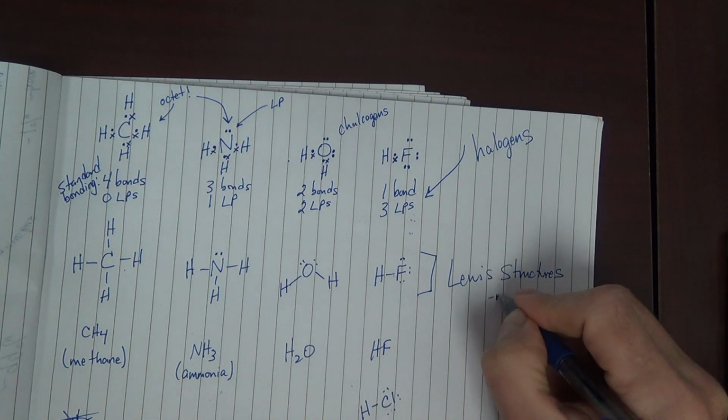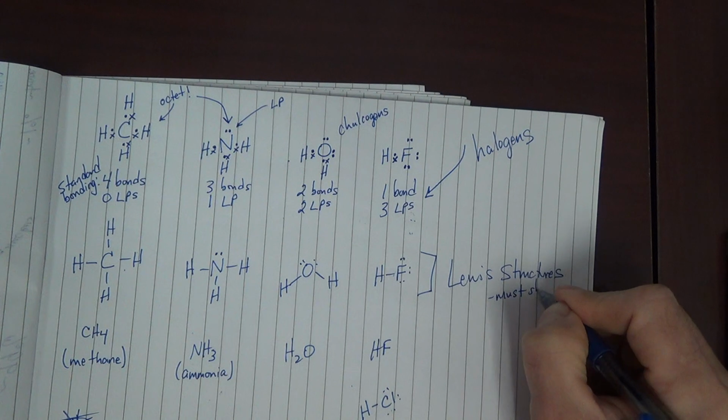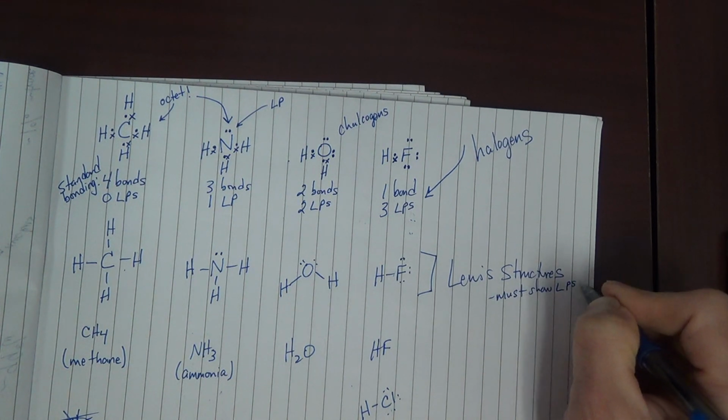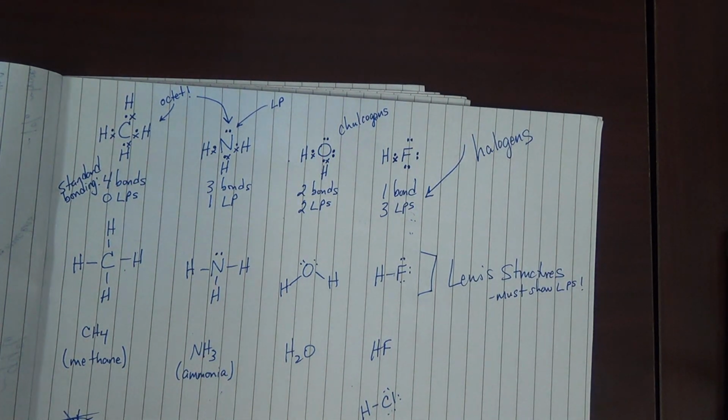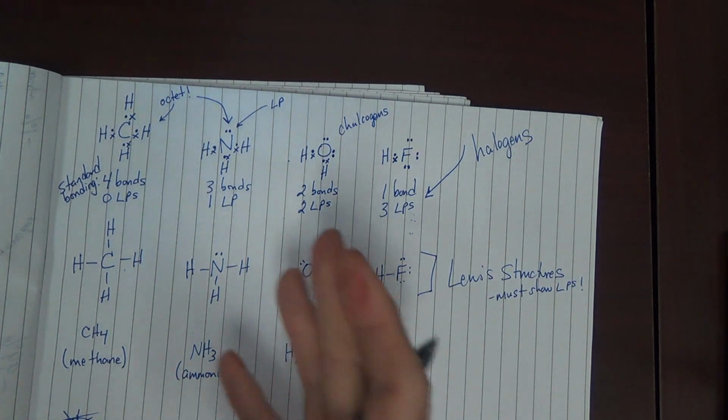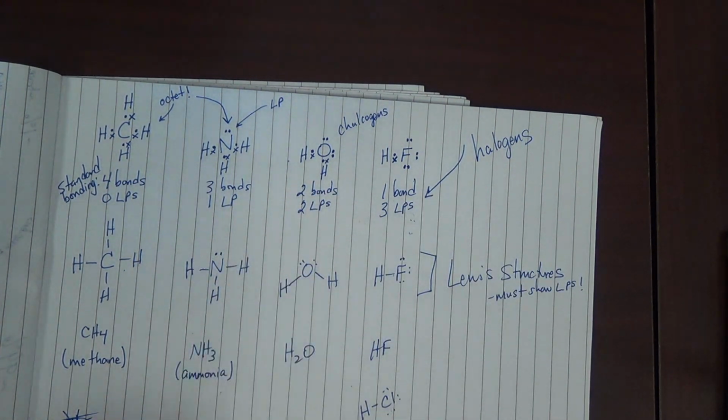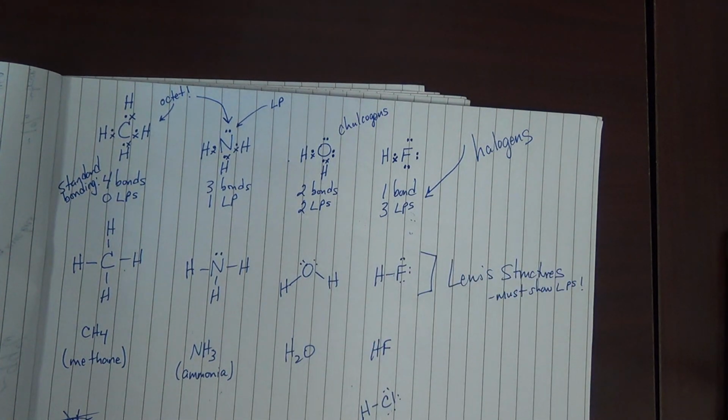You must show lone pairs if asked for a formal Lewis structure. Now, if you're just hanging around on a Saturday afternoon talking to your buddies about, say, ammonia or some other compound, you might often not show the lone pairs. But you need to know they're there, right?